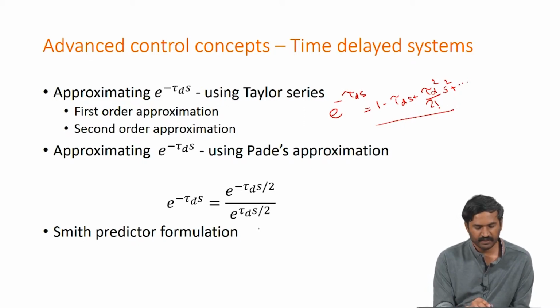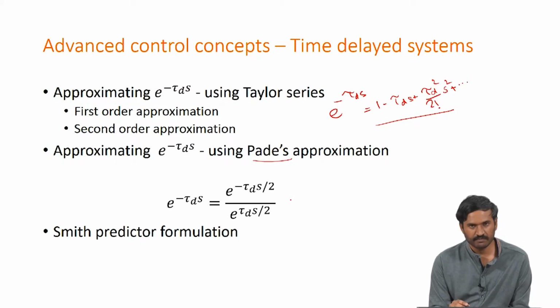When we use the Pade approximation, we can approximate both poles and zeros in the same order.